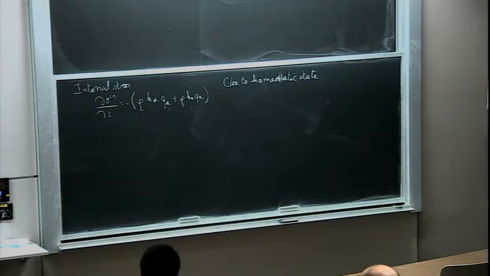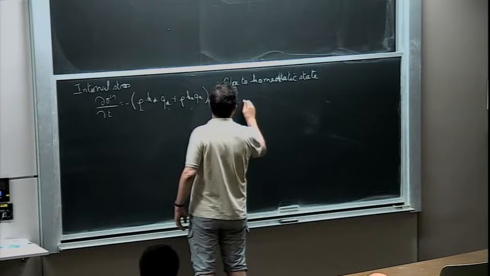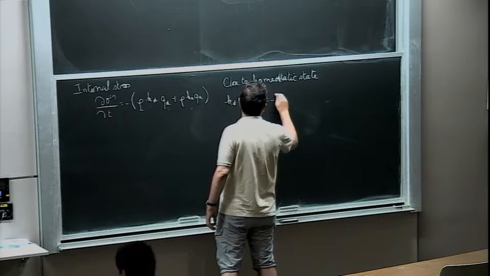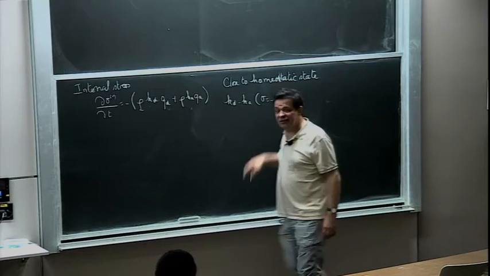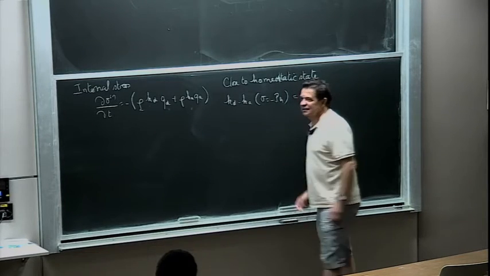So KD minus KA, calculated for sigma equals minus pH. Minus sigma is the pressure. So if the pressure is the homeostatic pressure, KD is equal to KA. So this is equal to 0.